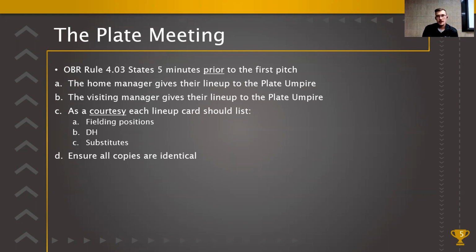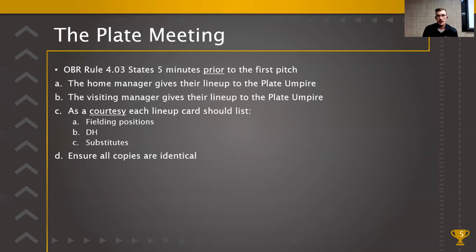403C is a very interesting one, because the way I've always understood the rule, numbers and positions are just a courtesy. The only thing that matters is last names, but as a courtesy, each lineup should list the fielding position of each player, any designated hitters, and substitutes.